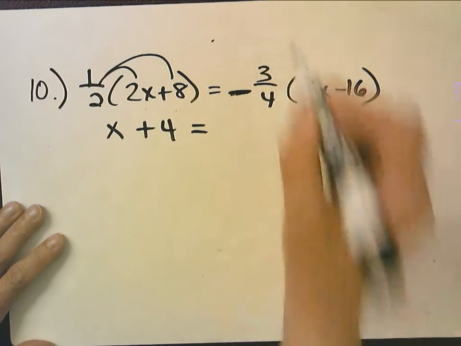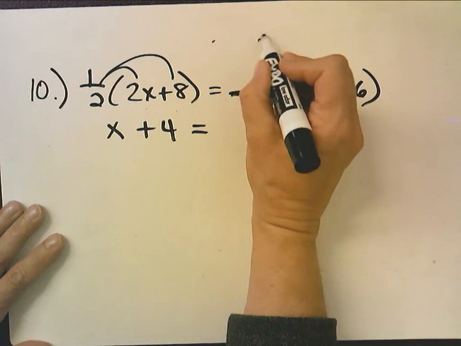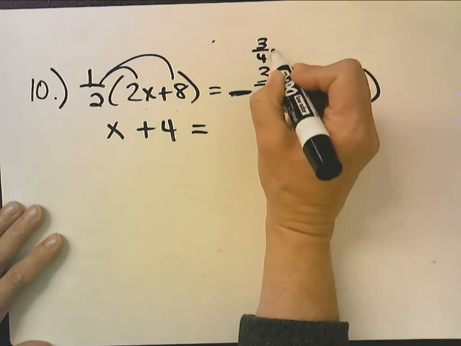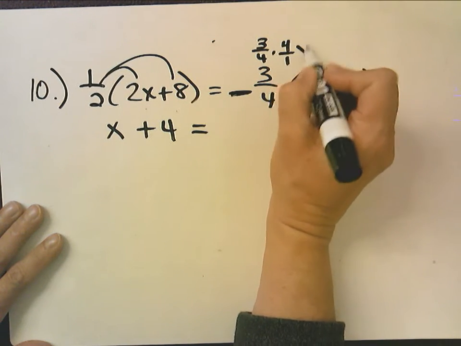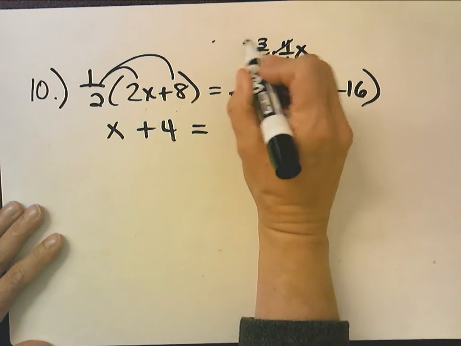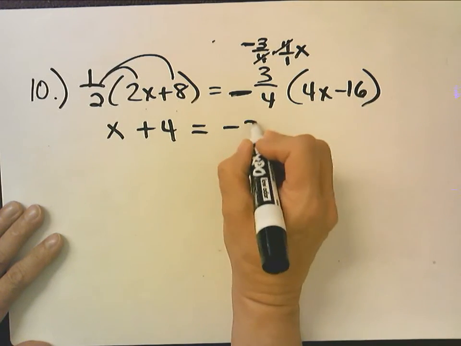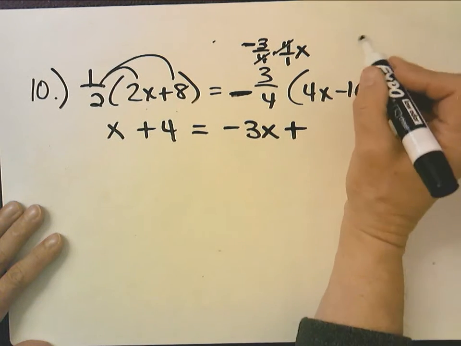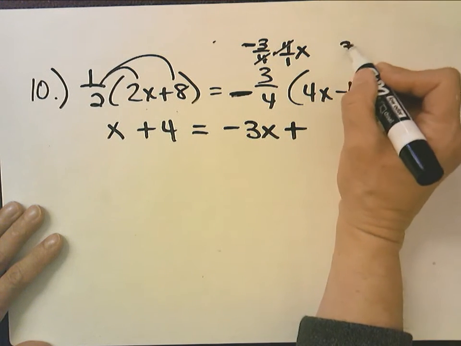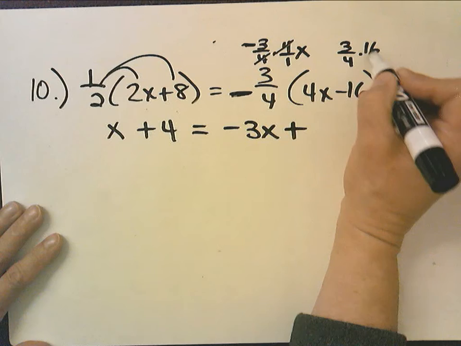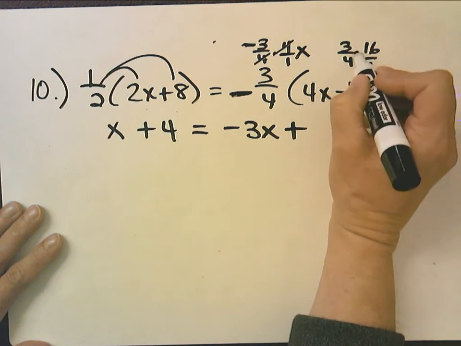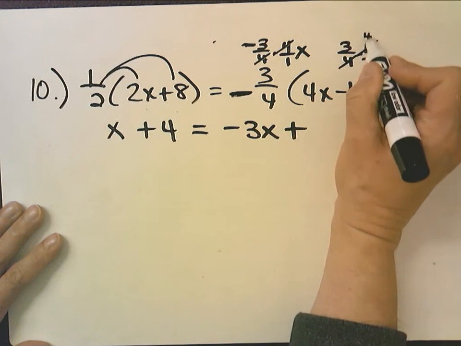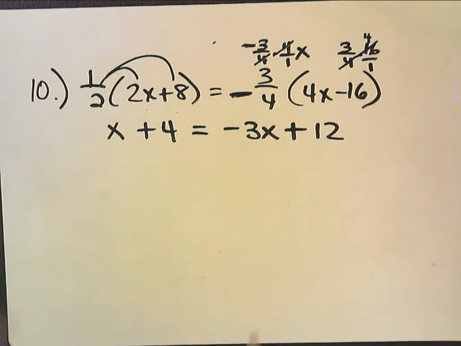So if I do 3/4 times 4 over 1, the 4's cancel, but this is still negative. So I get negative 3x, but my next term is going to be a positive because a negative times a negative is a positive. So if I do 3/4 times 16, that becomes positive 12.